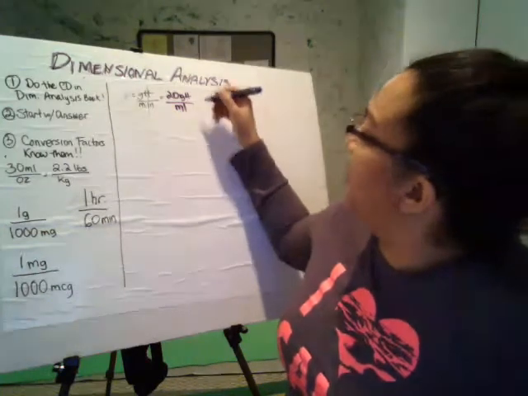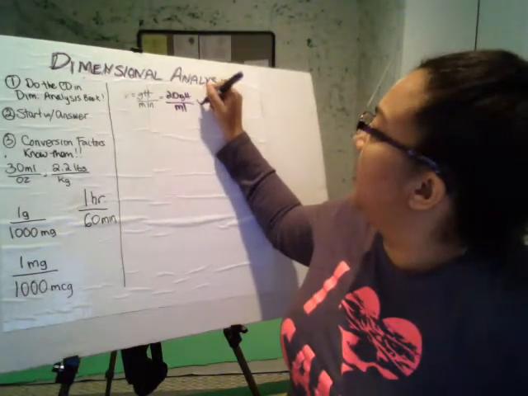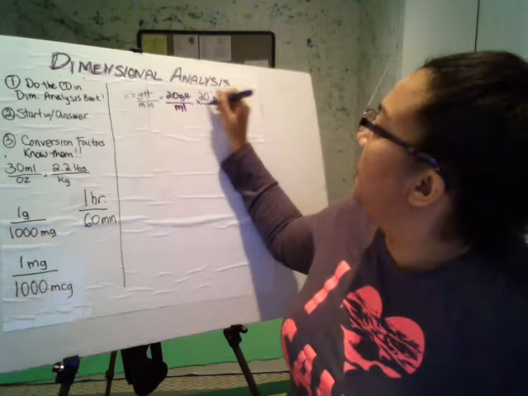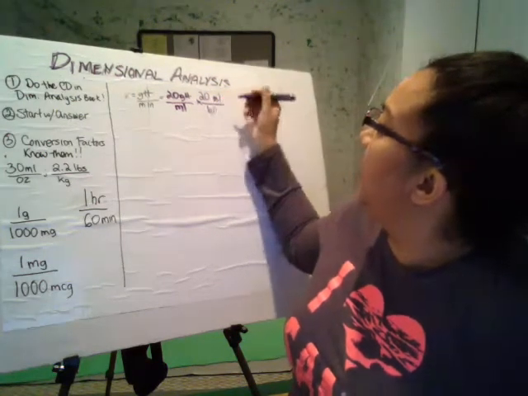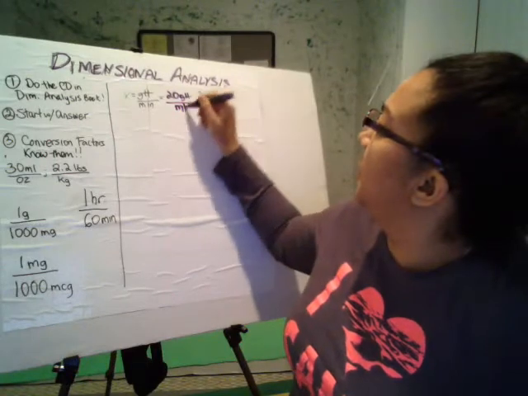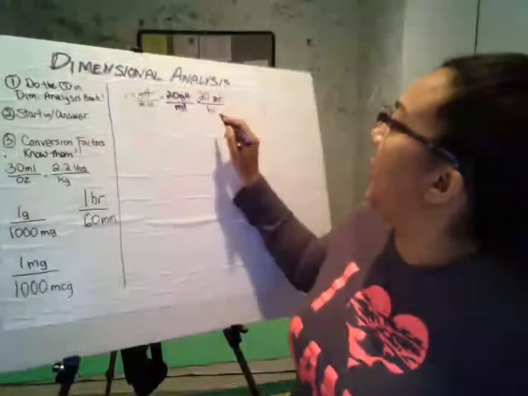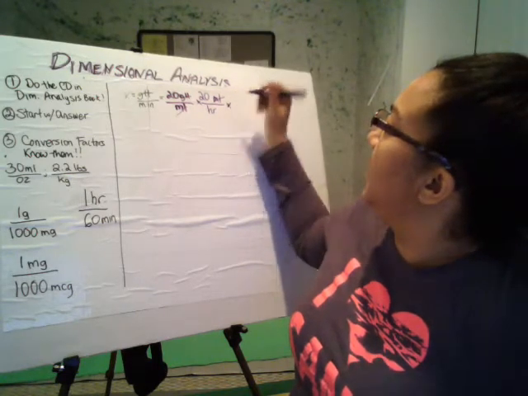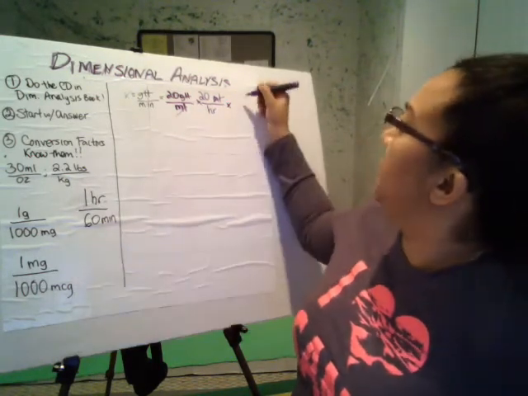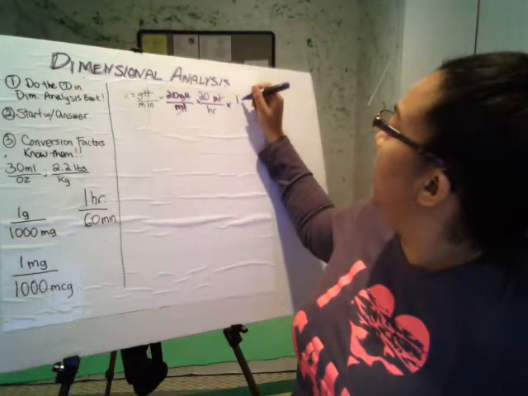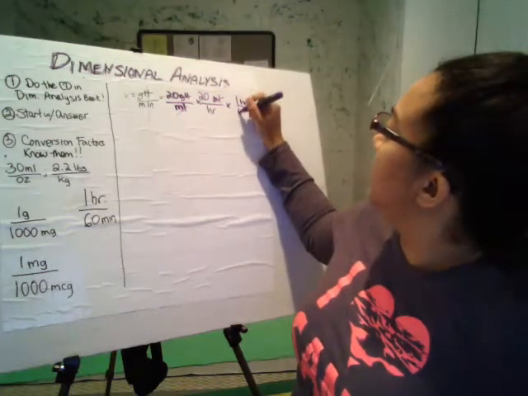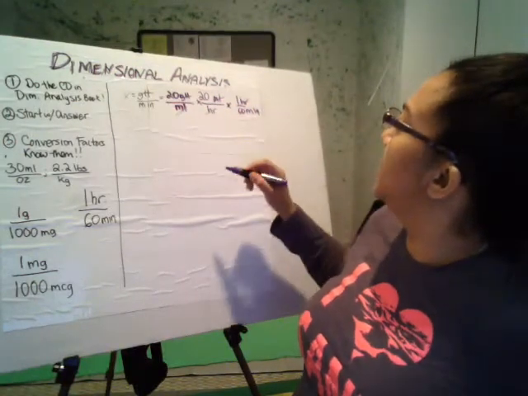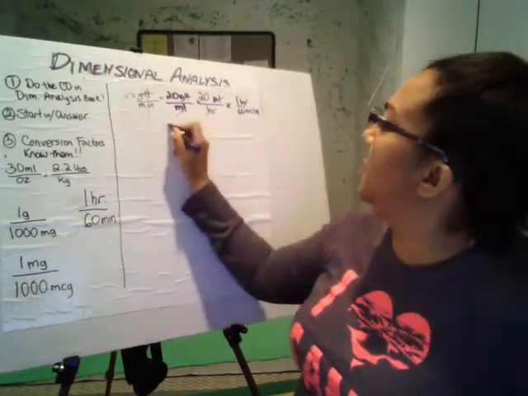All right, so we want to get rid of these mils down here. So I follow the units, and I put my 20 mils per hour. All right, I'm getting closer. I've got now drops per hour, but I want minutes. So again, my conversion factor, which I wrote down before, 1 hour, 60 minutes. Yay! Mission accomplished. I've gotten rid of all those units that I do not need.